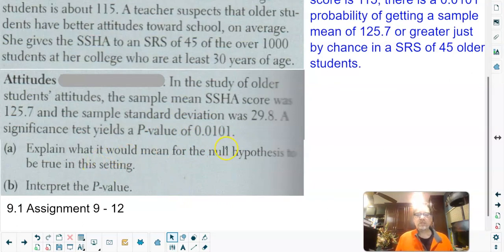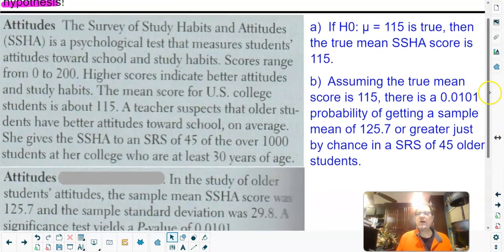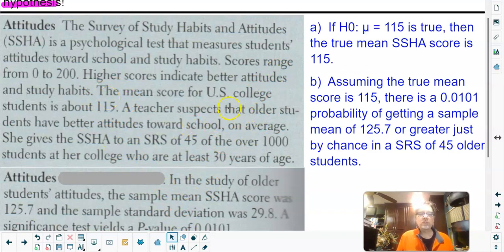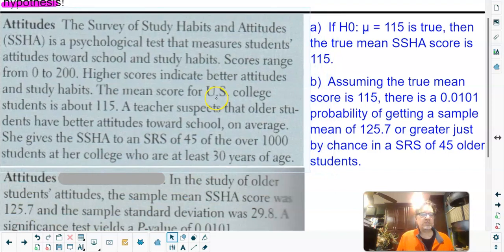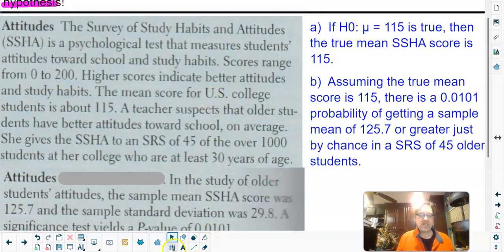So explain what it would mean for the null hypothesis to be true in this setting. Well, my null hypothesis is what I expect to get. I expect all U.S. college students to have an SSHA score of about 115.